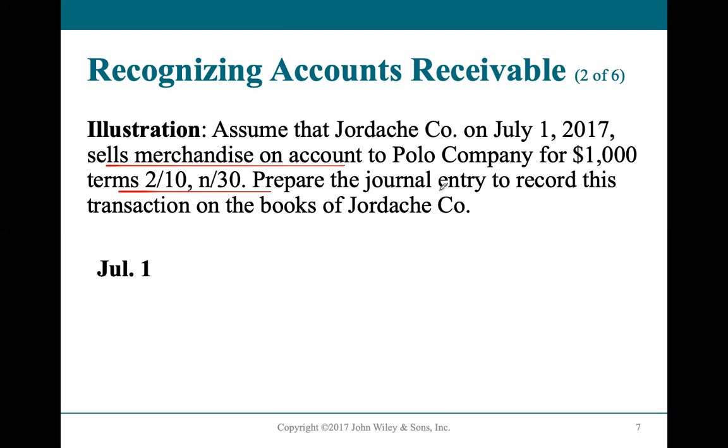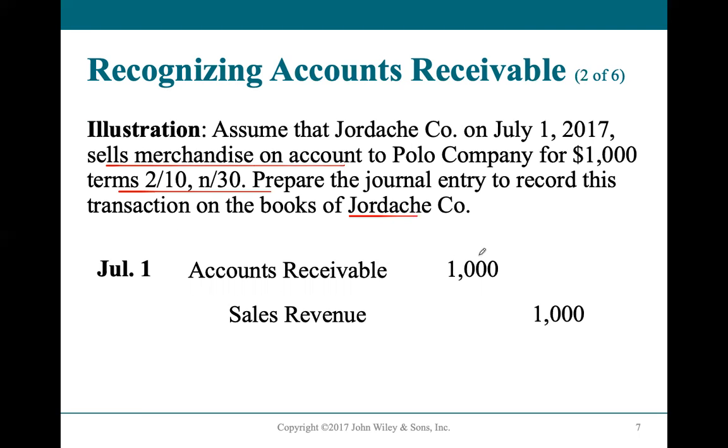So if we were actually the accountant for Jordash, who sold the merchandise to Polo, our entry would be a debit to accounts receivable for the sale and a credit to sales revenue, to show that. So this is how, again, it would start off, right? Of course, we would also need to record cost of goods sold and inventory. We're going to focus on the receivable piece here.